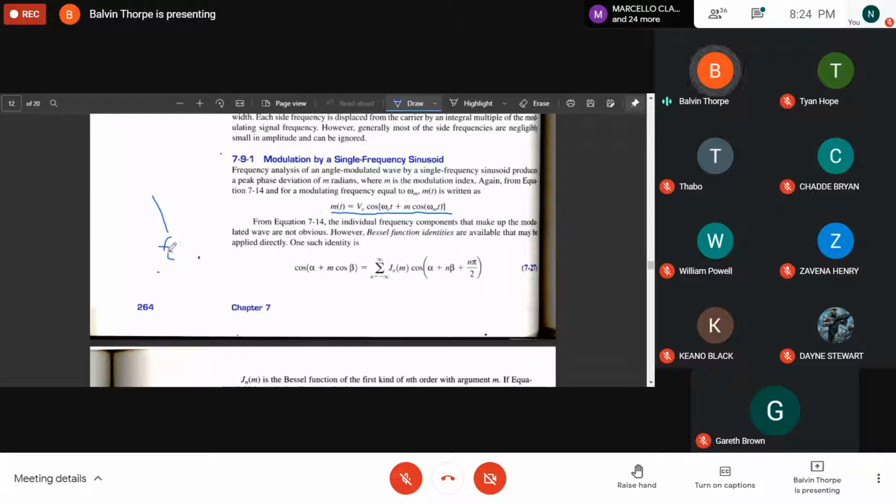When it's frequency modulated, the carrier frequency is going to change that way or in that way. So we would say that it's deviated by some function delta, right?